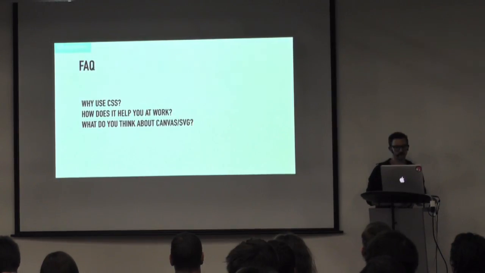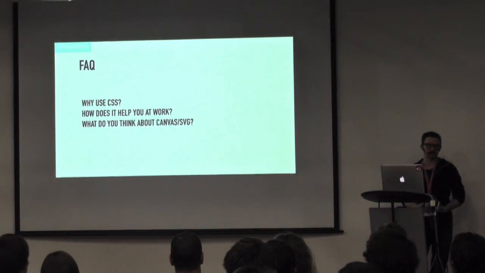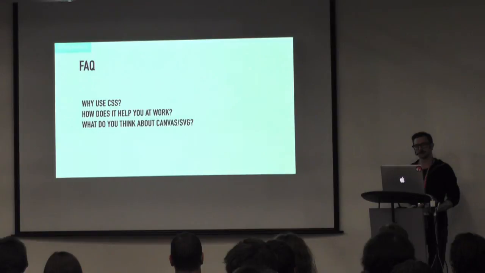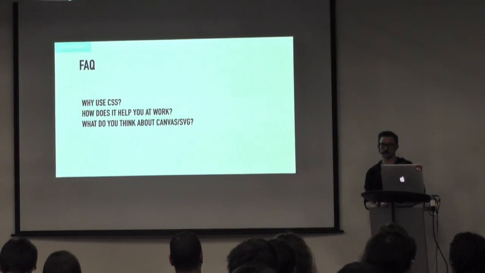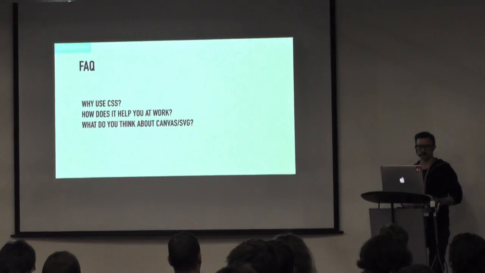And then the next thing is, what do I think about Canvas and SVG? I have started doing Canvas stuff because people are trying to push me to do Canvas because they just want to see what I can create with Canvas. And I think Canvas is nice, and when it comes to performance, I would always switch to Canvas. With SVG, it's a whole different story. There are still some parts missing. That's why I'm not doing SVG.